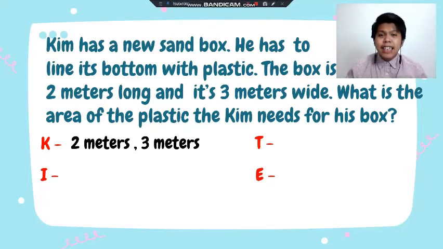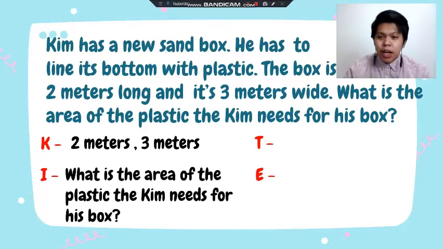Now, let's identify what is being asked. What do we want to know in the problem? And it is, what is the area of the plastic that Kim needs for his box? So we want to know the area. And what is the operation when we want to know the area?